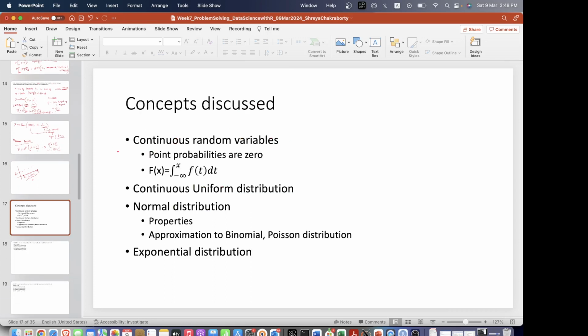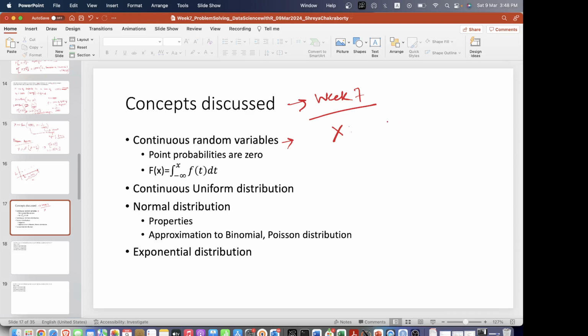So now we'll move on. This was discussed during week 7 lectures. We learnt about continuous random variables. Continuous random variables means these variables can take any value in the real line.